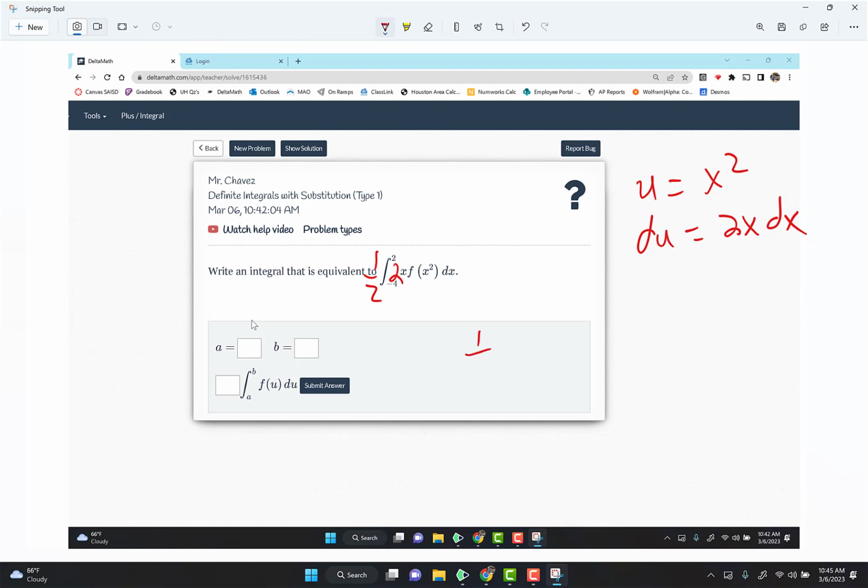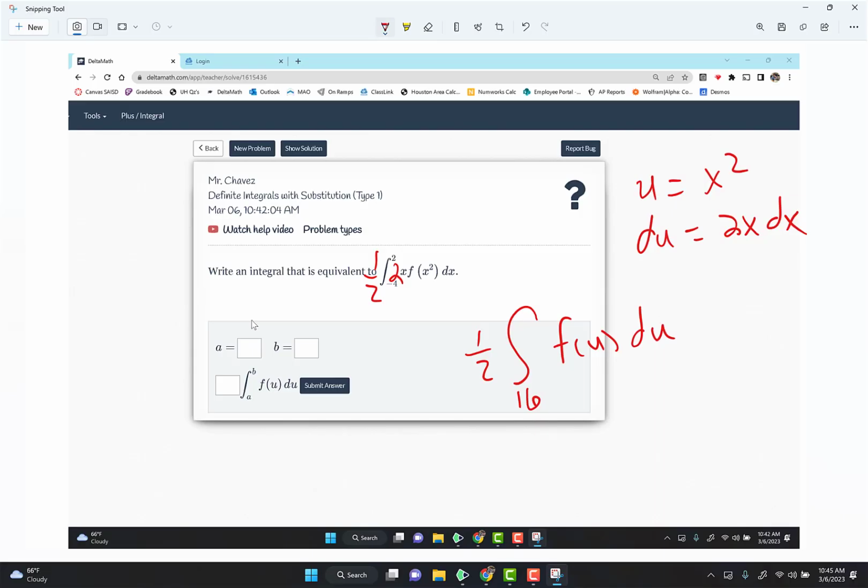So now I have 1/2 integral of f of u du. When x is -4, what is u? That's a crazy number.